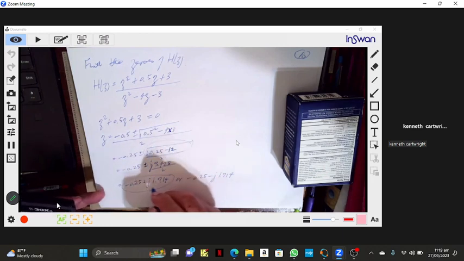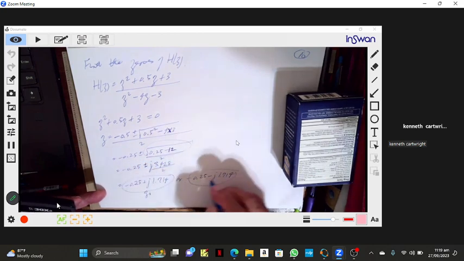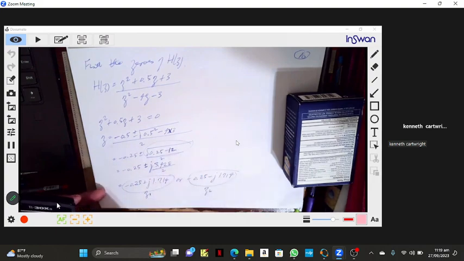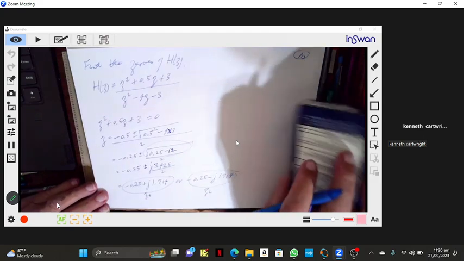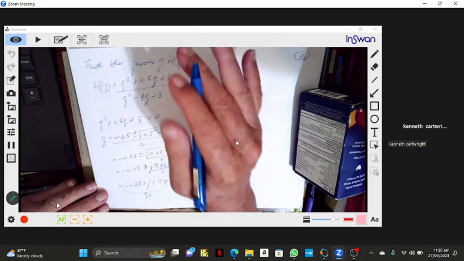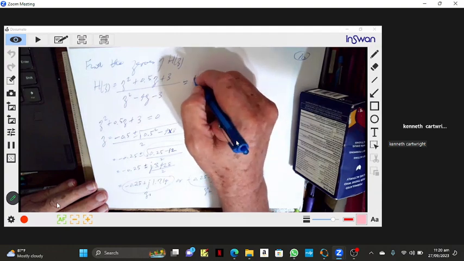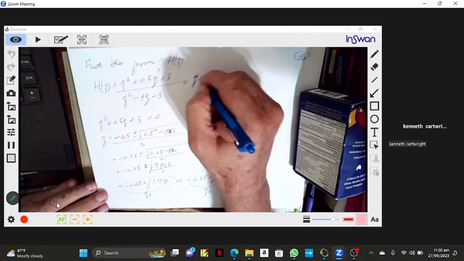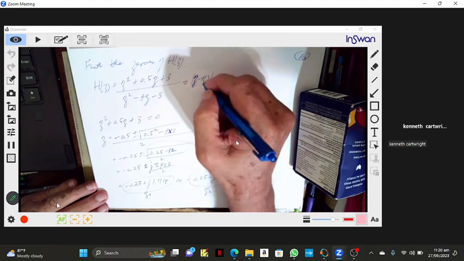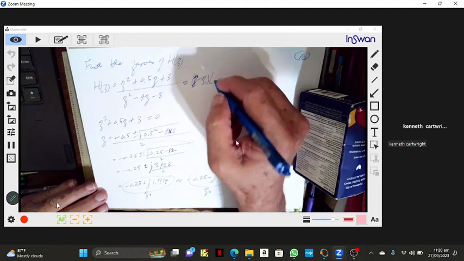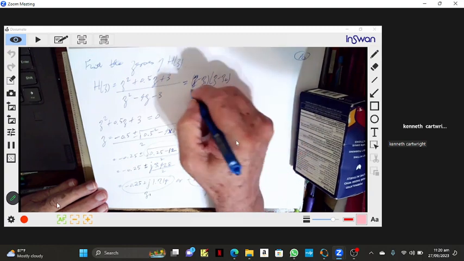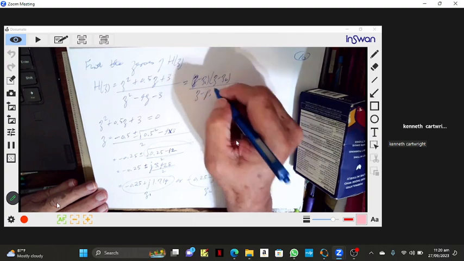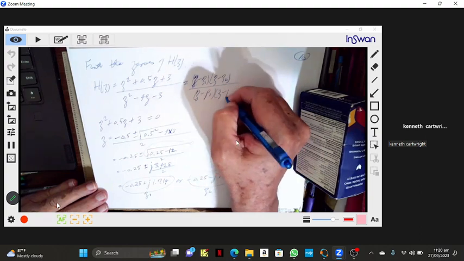This here is the first 0. And this here is the second 0. Okay. Therefore, we could write the numerator as Z minus Z1 or Z minus Z2 divided by Z minus P1, Z minus P2.